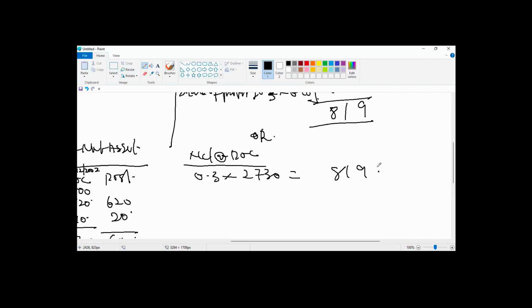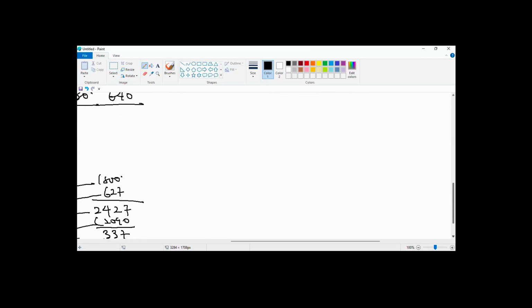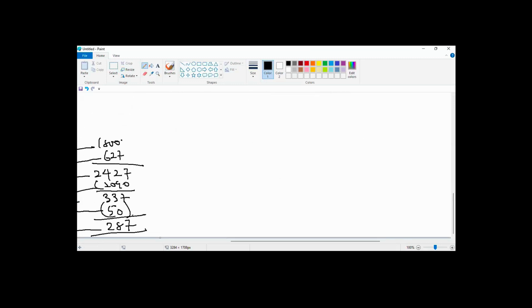Goodwill, I'll go and post. They will balance the accounts. 287.